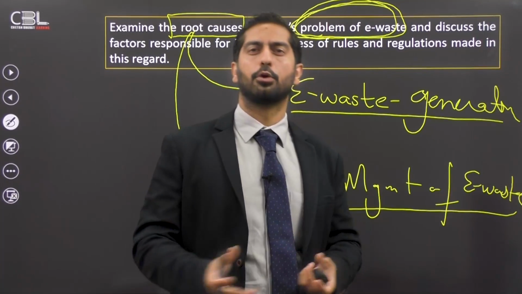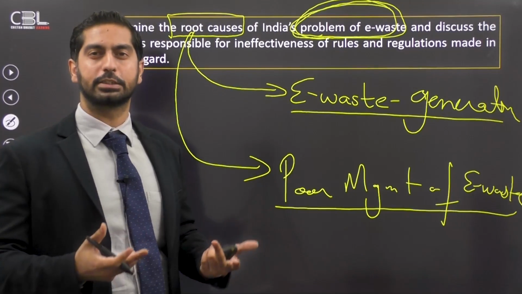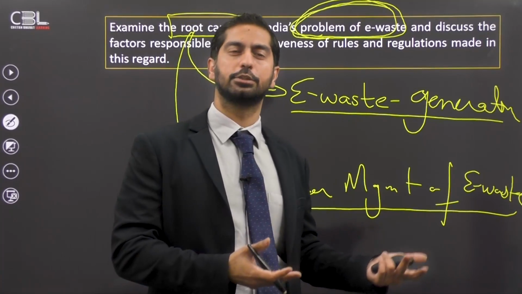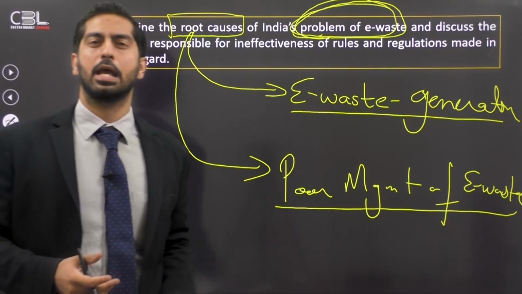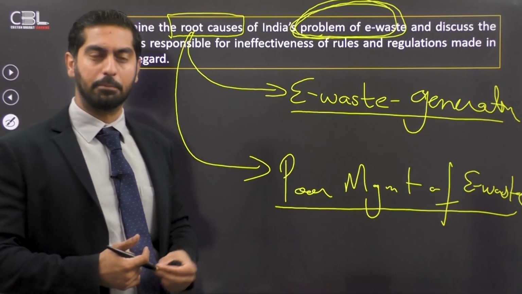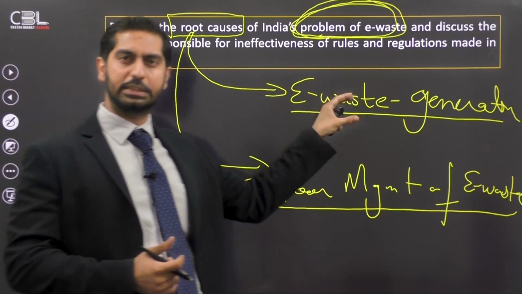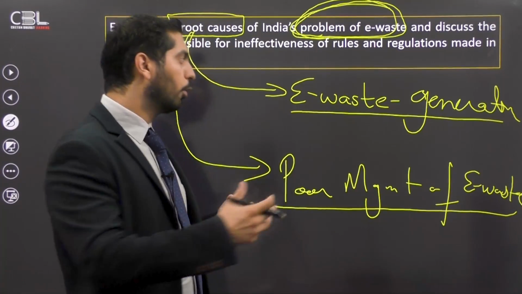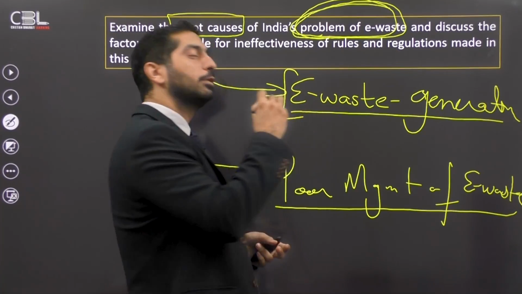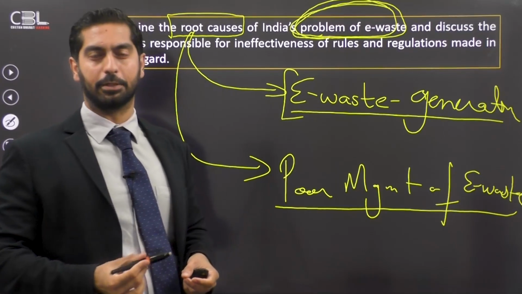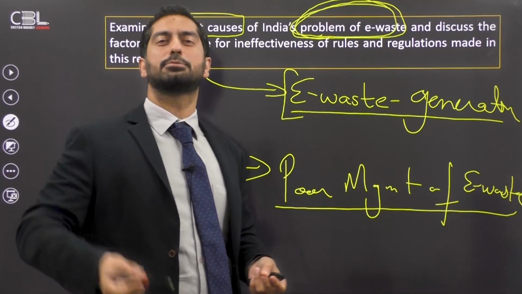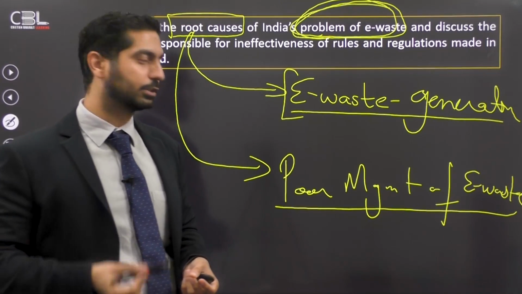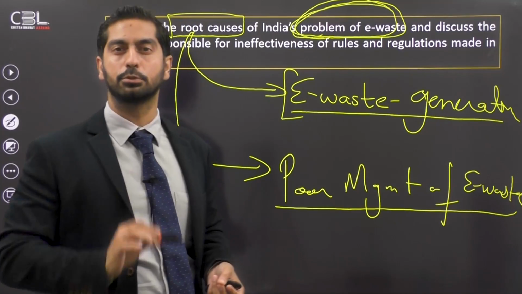So more and more people are buying such products, and that's leading to excessive e-waste generation. With these 3 points you can highlight how an excessive amount of e-waste is being generated in India, and the trend is expected to grow in the coming years. It's not going to come down anytime soon.